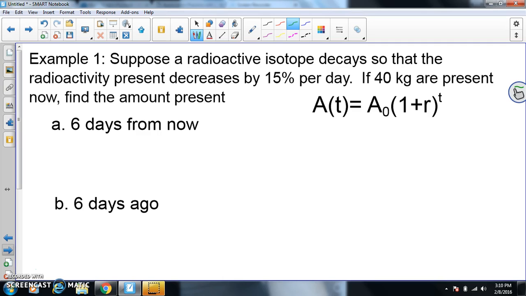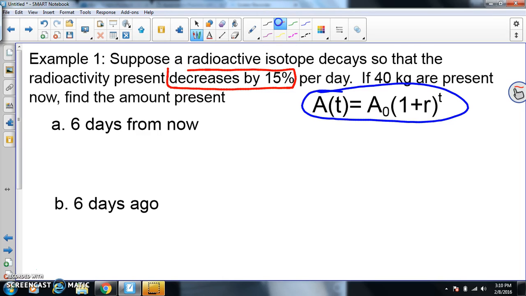So we're going to use the formula that we were just introduced to. We have decreasing by 15%. Our initial amount is 40 kilograms, and 6 days from now, which means t is equal to 6.